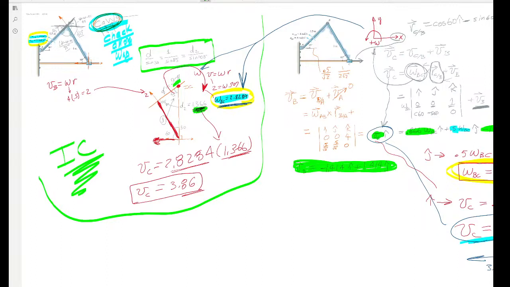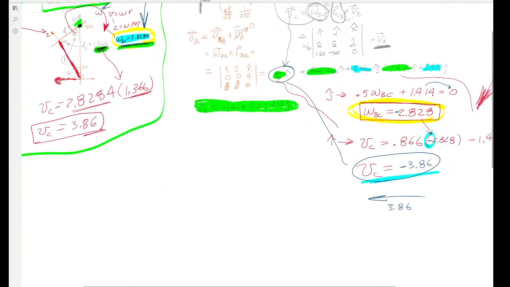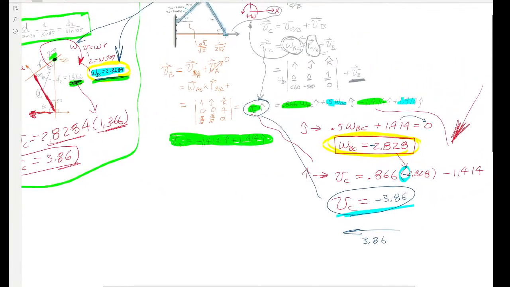Once I'm able to do that and recognize that this is the point in which everything seems to rotate about, I can quickly find the omega BC, simply because this one's already given me omega. Now, instant centers work great for velocities. They don't work at all for accelerations, which is why, for me, it's best to track down this path.